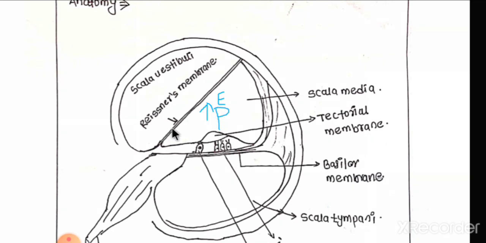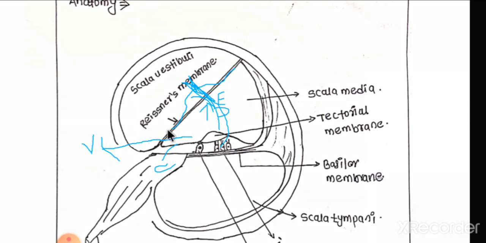This leads to bulging of Reissner's membrane. In this way, the membrane gets bulged, and finally it ruptures, so that the endolymph from the scala media and perilymph from the scala vestibuli get mixed with each other, and this mixture irritates this nerve. That is, this nerve is the cochlear nerve, and finally they irritate the vestibular nerve also.